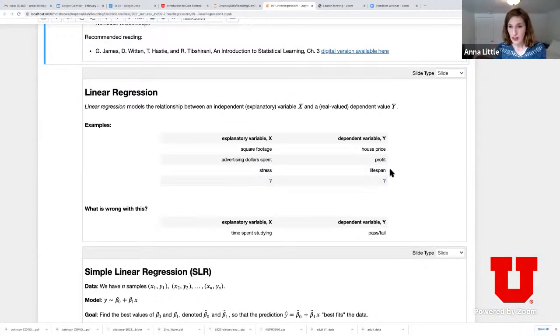But one thing to keep in mind as we're going through today's material is that we are talking about a dependent variable that is real valued, okay? So that's quantitative.